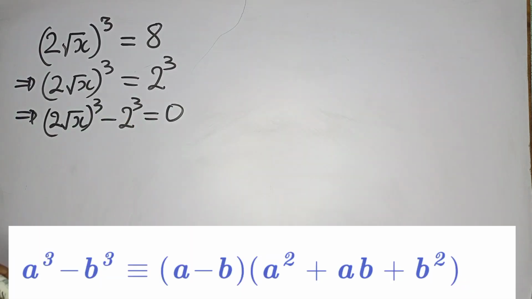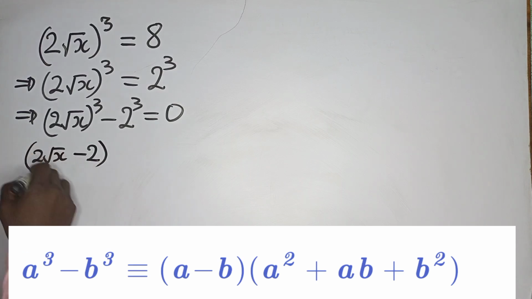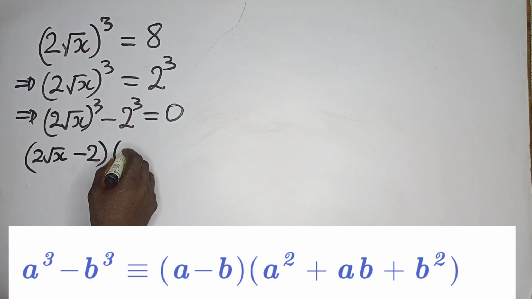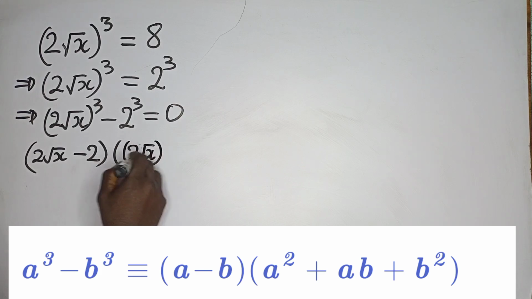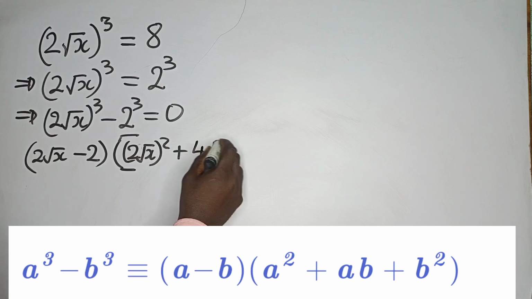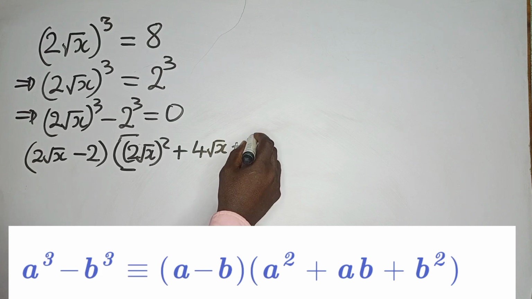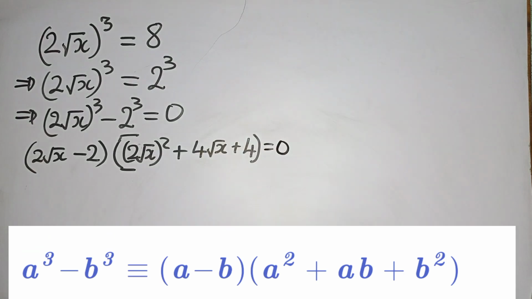Applying the difference of 2 cubes identity here, we're going to obtain (2√x - 2) into, first of all let's write it out, (2√x)^2, plus their product, 2 multiplied to that is 4√x, and then plus 2 squared, which is 4, is equal to 0.